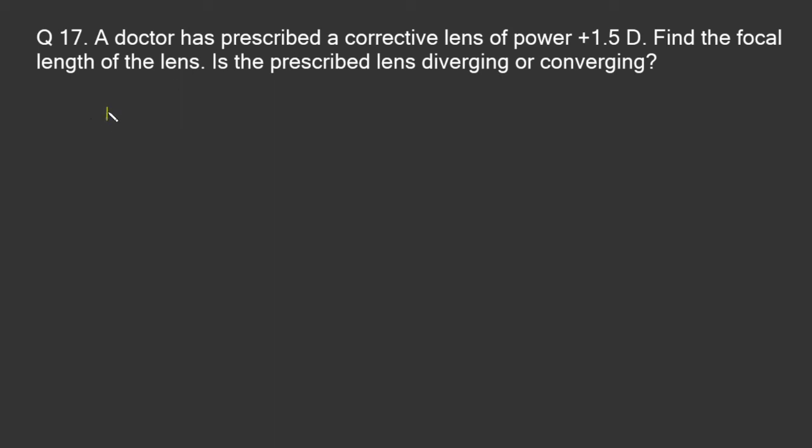Again, we know power of a lens is equal to 1 by focal length, or we can say focal length of a lens is 1 by its power. Here power is given as plus 1.5 diopter. Since power is positive, we can easily say lens is convex or converging.